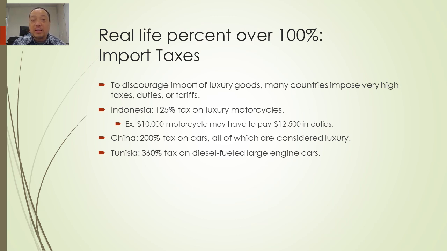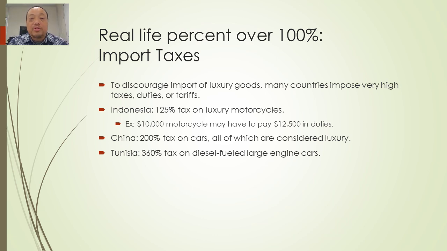In Tunisia, a diesel-fueled large engine car, so we're looking at something like a diesel Mercedes-Benz, you may have to pay tax up to 360% of the value of that car. So yeah, if more than 100% of something is available, then you can have percentages that go over 100%.